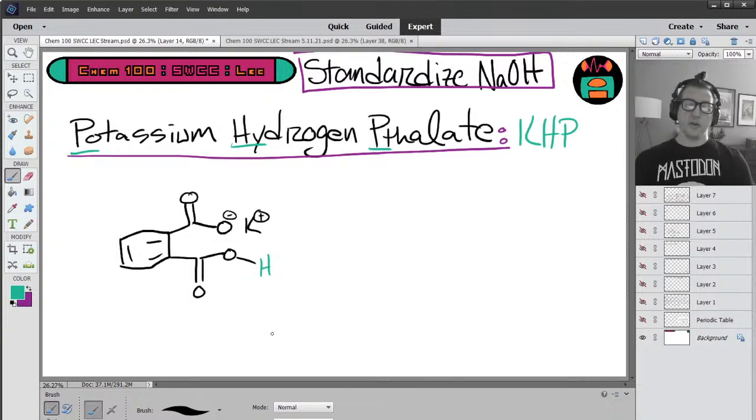This entire molecule, the reason we use it is for several reasons. One, it's a solid. It's easy to handle. It's easy to weigh out. It's not a very strong acid, so it's not dangerous to use. And there's only one hydrogen.